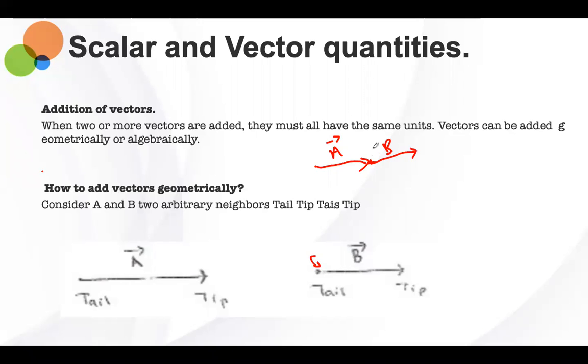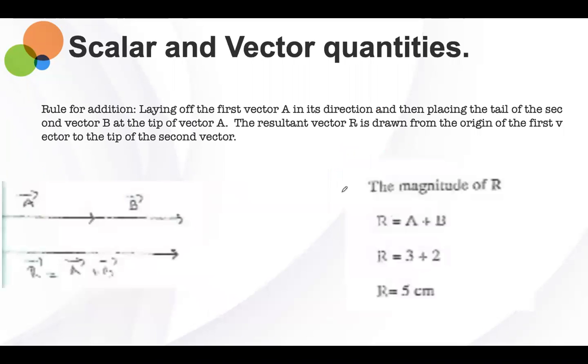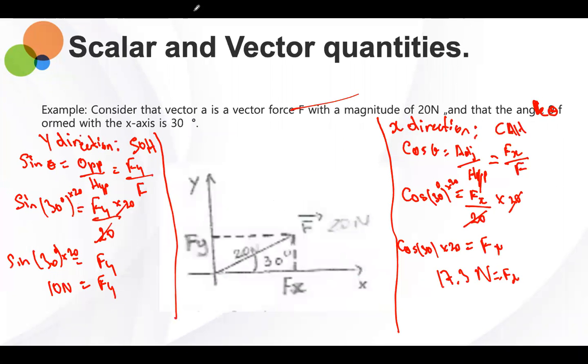All right. So hopefully next class we can talk about algebraically. But it's the same thing, right? We see it here again, A, and we attach the tail of B to the tip of A, and that would give us A plus B. How is the class today? Are we clear?